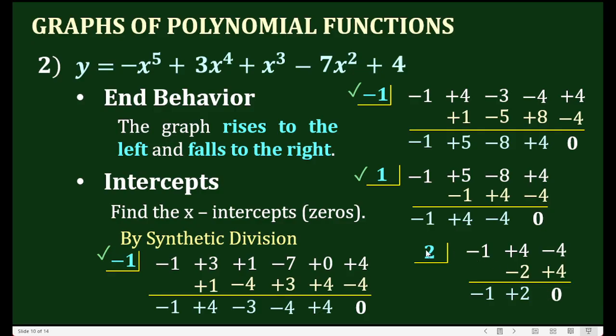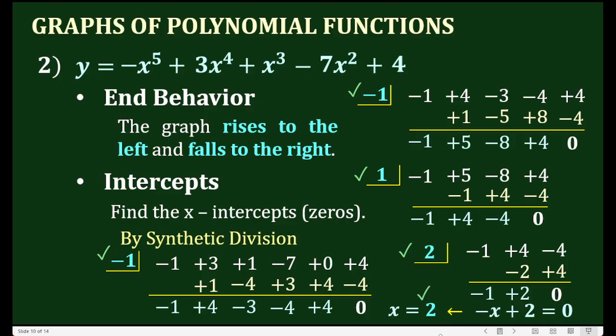So we have the fourth x-intercept, which is positive 2. And the last value for our x-intercept is to be taken from this row of 2 numbers, negative 1 and 2, which is negative x plus 2 equated to 0. From this resulting equation, we solve for x, and that is equal to 2.